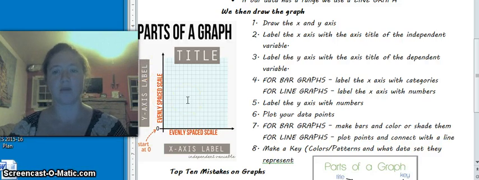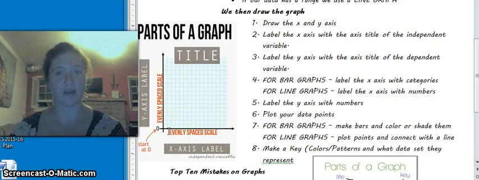Alright, so now once you've labeled it with the title, okay, of what it is that's going to be on that axis, then you need to put our actual scales on here. So if you're doing a bar graph, the x-axis is going to get labeled with the categories. For example, the shade or sun. On a line graph, it would be a scale.